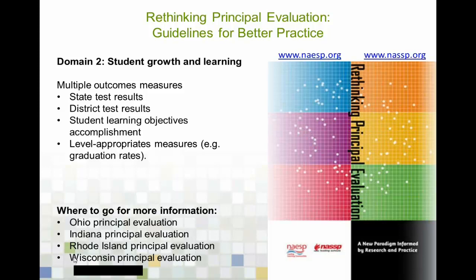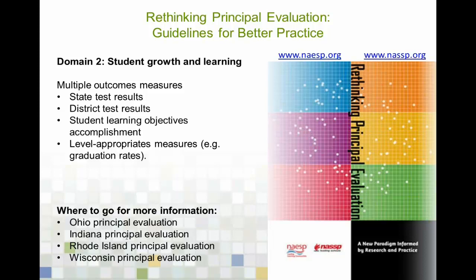We're suggesting that for student growth and learning, evaluation systems try to broaden the examination of student performance by possibly looking at district test results. Many districts have formative tests that they use, whether students accomplish particular learning objectives, certainly looking at measures that are level appropriate.